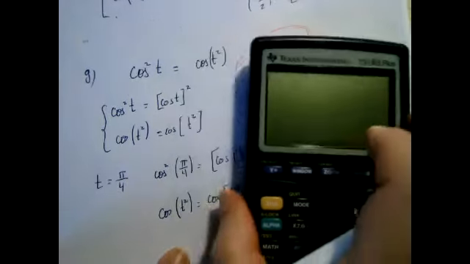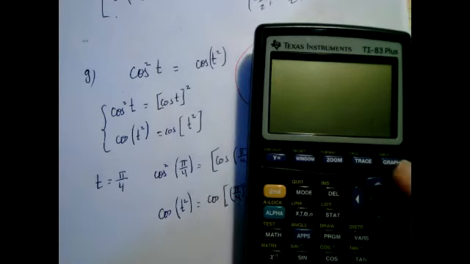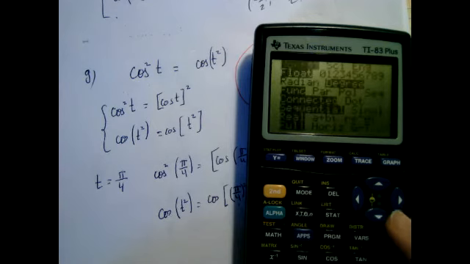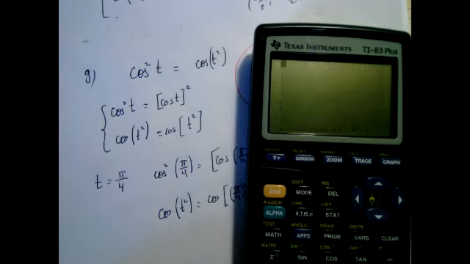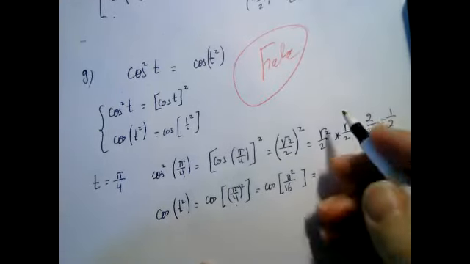I pick up my calculator because I want to make sure which mode I'm in. I was in radian mode. So I take the cosine this time of pi squared divided by 16, which is definitely not 1/2.